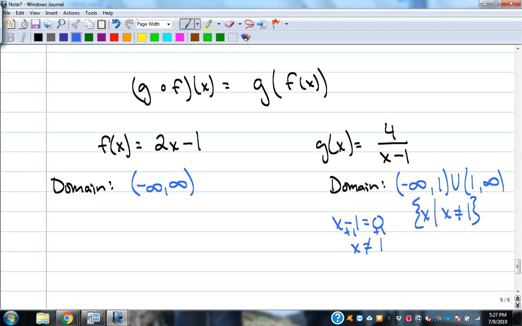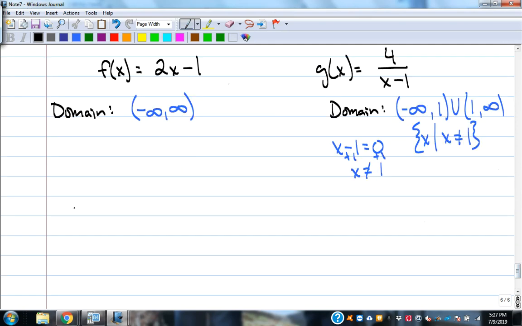Now, when we do composition, we've got to deal with plugging one thing into the other. So whatever's listed second is acting like the x. That's what you want to think about when you're talking about composition.